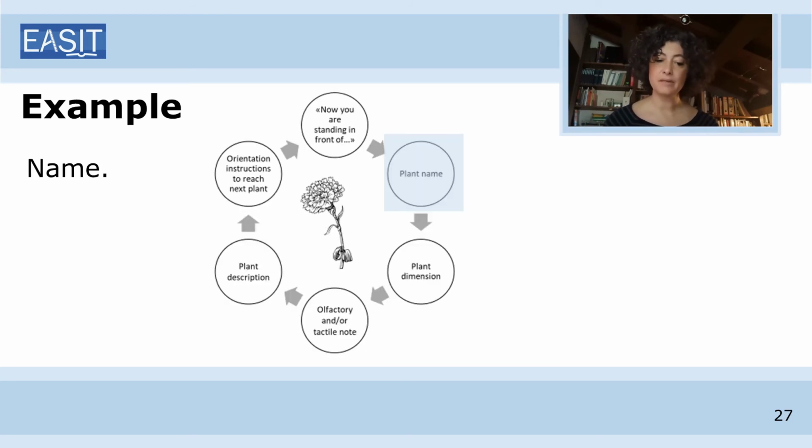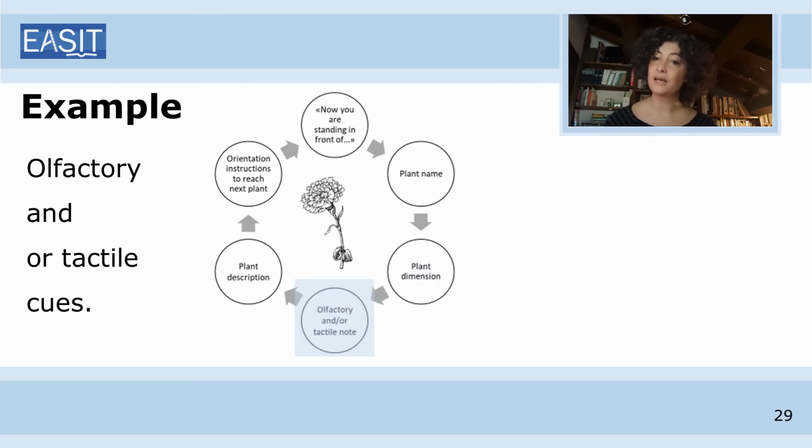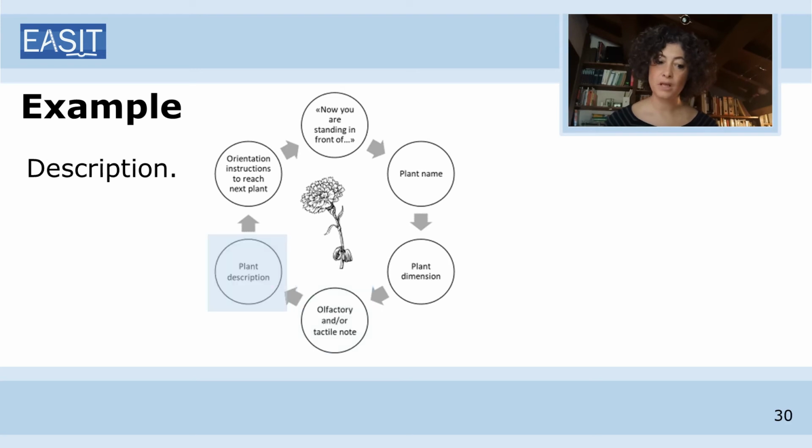The plant name, its dimension, olfactory or tactile information, the plant description, including type and color of flowers and foliage, and orientation instructions to reach the next plant.